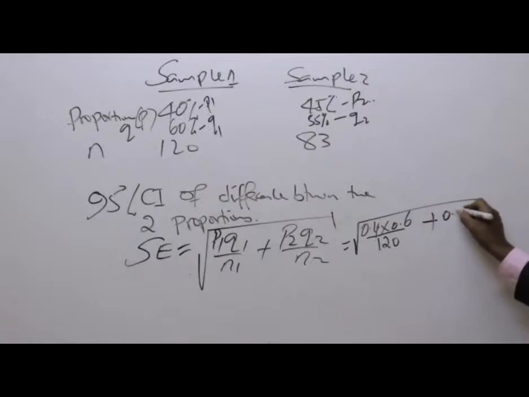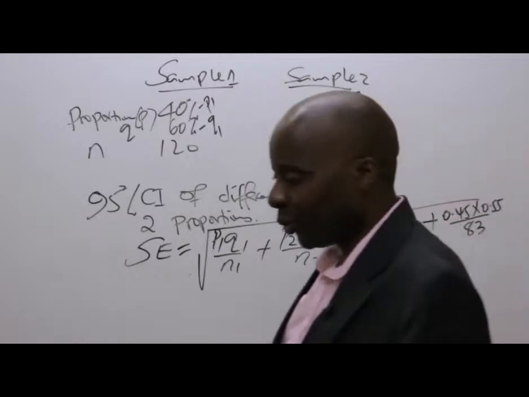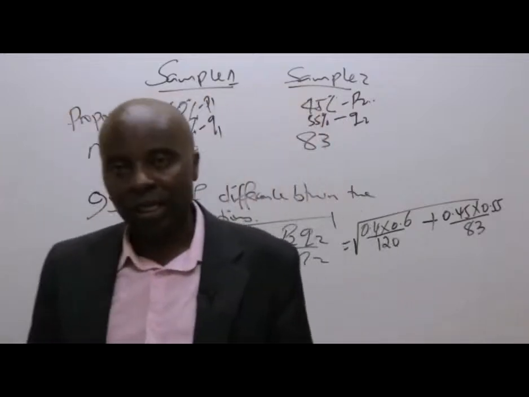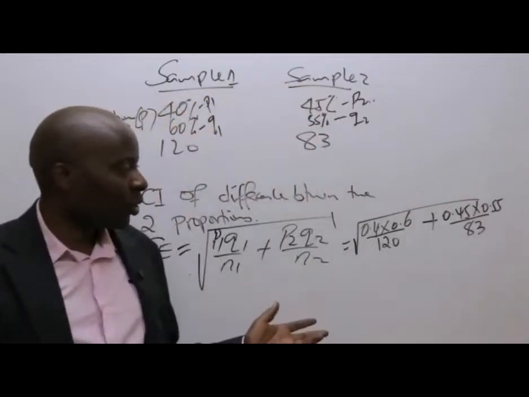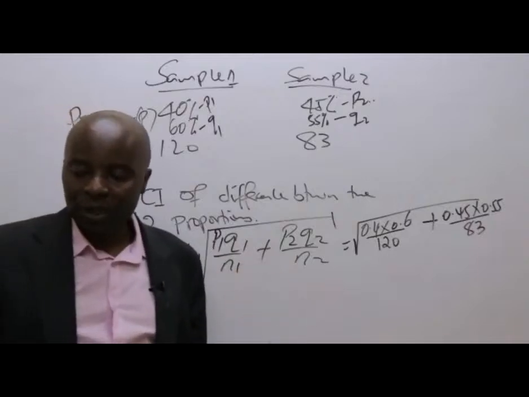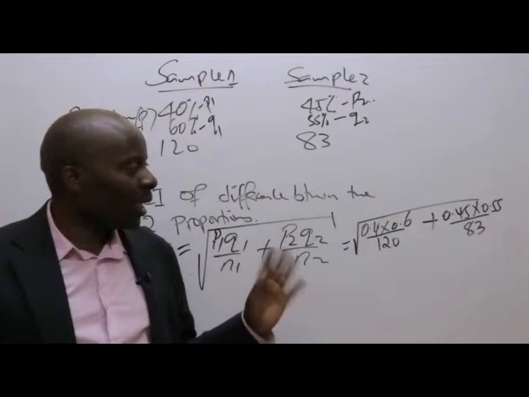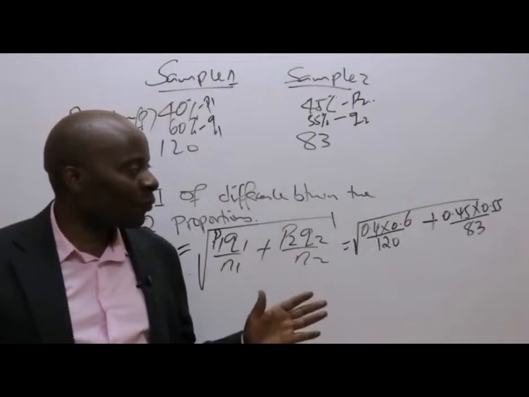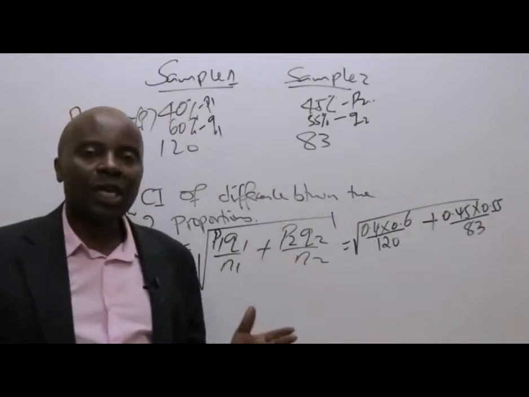So we have 0.45 times 0.55 all over 83. Here you have to be quite good with your calculator to get the correct answer. Take 0.45 times 0.6 divided by 120 plus 0.45 times 0.55 divided by 83. You say equals.